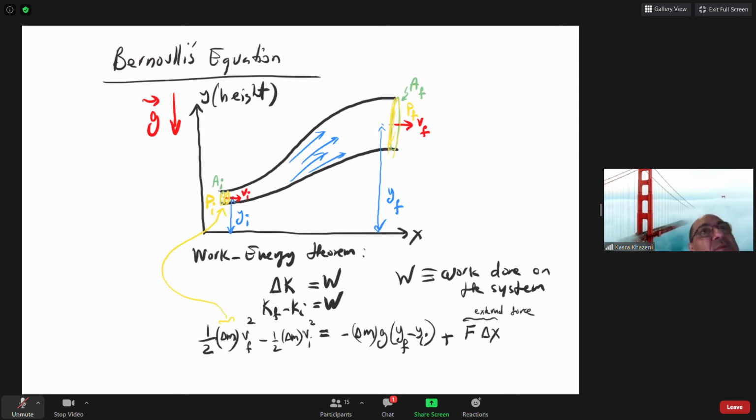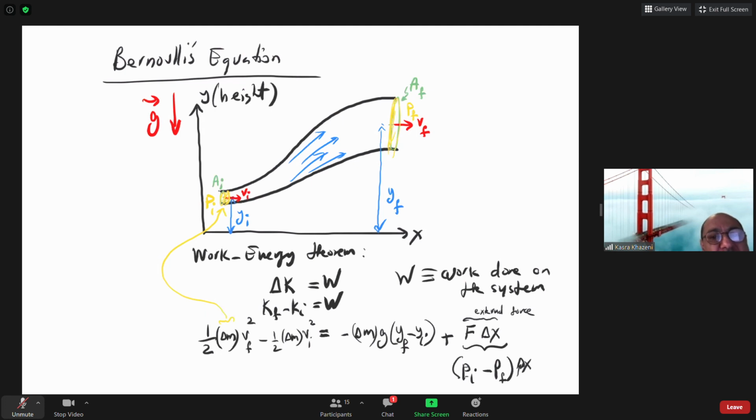Now, this force, well, obviously is the pressure at the input minus the pressure at the output, times the cross-section area, times delta X. And let me actually put this A on the other side so you can see.